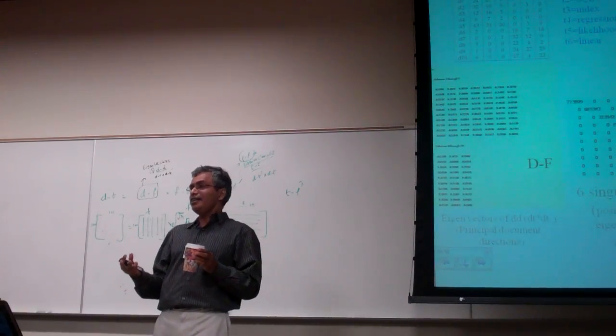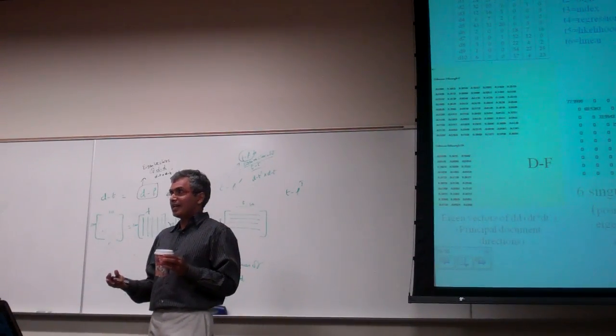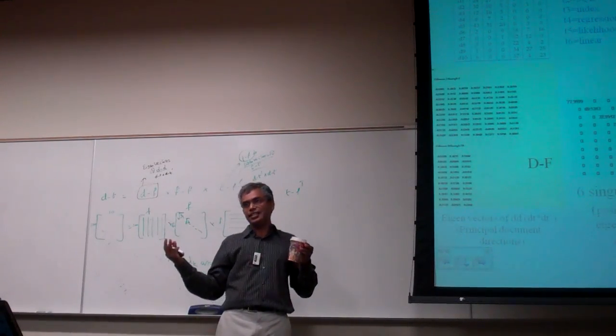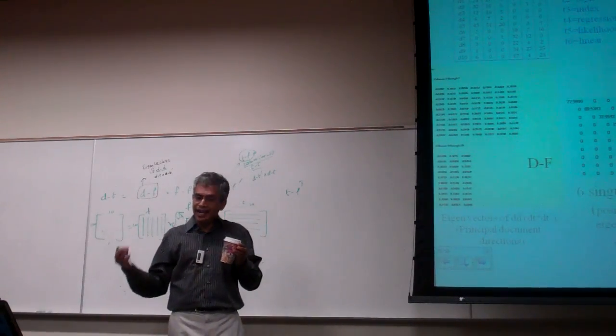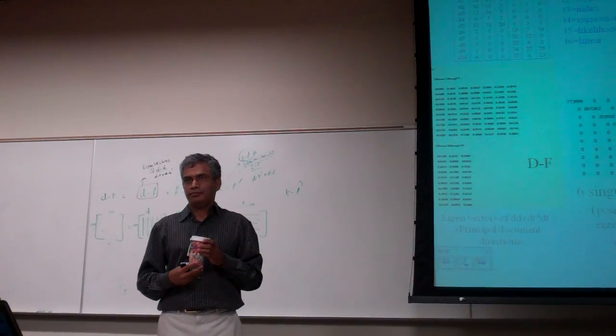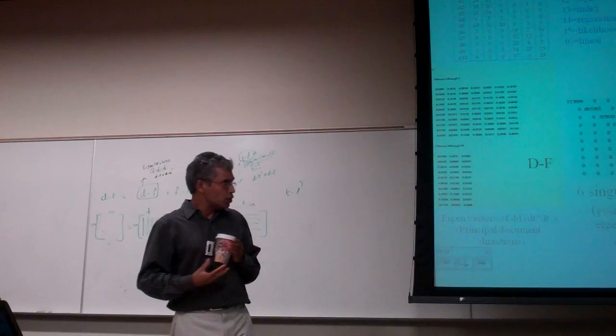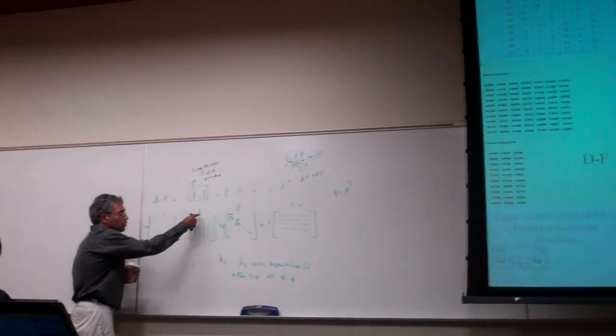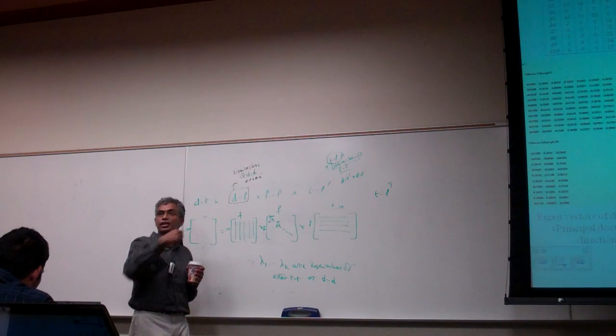Zero. Why? Orthogonal. Because they have to be orthogonal. Remember, we are finding an orthonormal basis for this data, and eigenvectors will always be orthogonal to each other. So in this particular matrix, all the columns are orthogonal to each other.